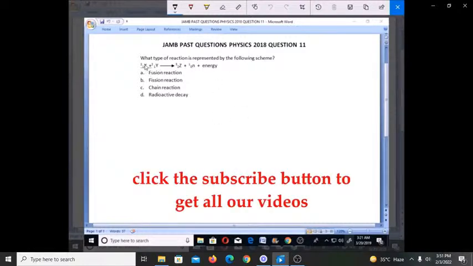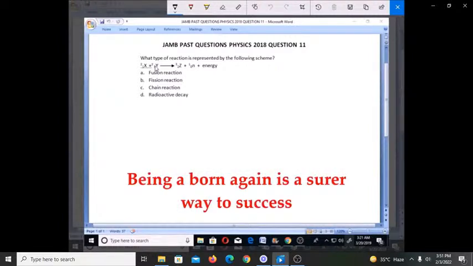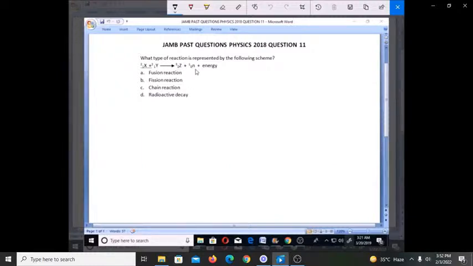We have nucleus X, superscript 2, subscript 1, plus nucleus Y, superscript 2, subscript 1, to form nucleus Z with superscript 3, subscript 2, plus a neutron, superscript 1, subscript 0, plus energy. The options are A, fusion reaction, B, fission reaction, C, chain reaction, D, radioactive decay.